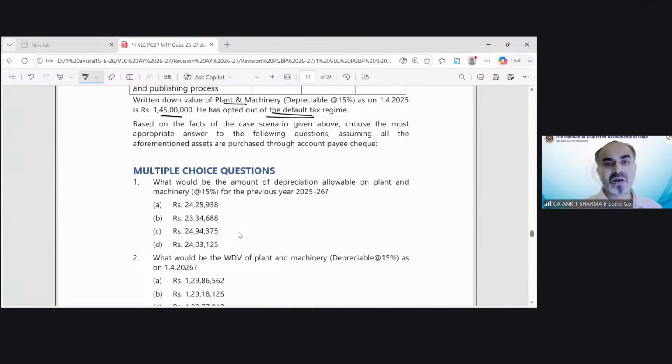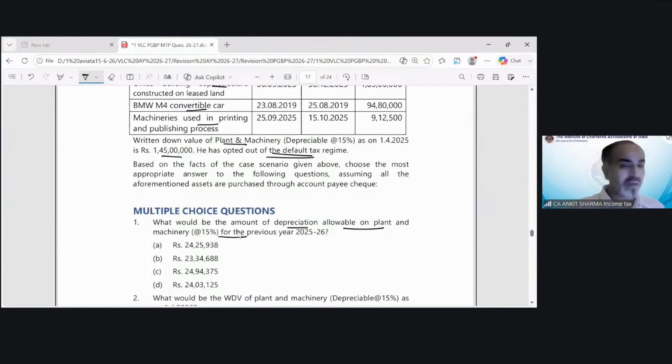What would be the amount of depreciation allowable on plant and machinery for the previous year? The opening WDV given in the question is 14 lakh 50,000 rupees. Because it is opening WDV, the depreciation rate would be the normal rate, that means 15% needs to apply.